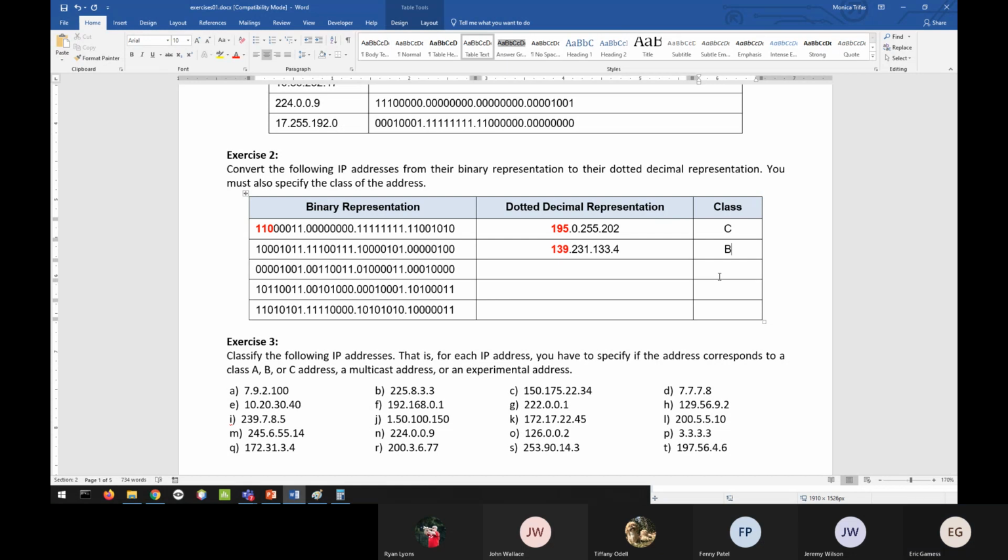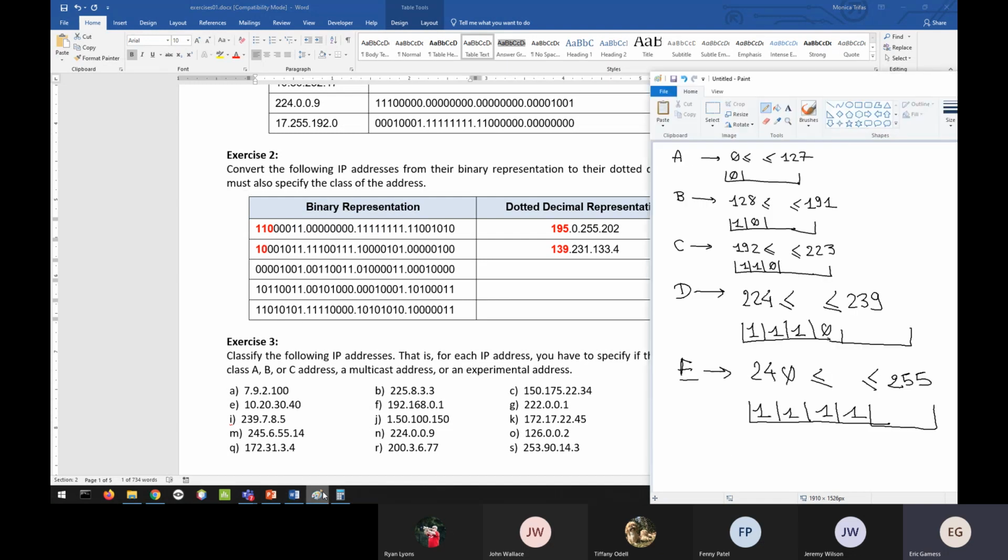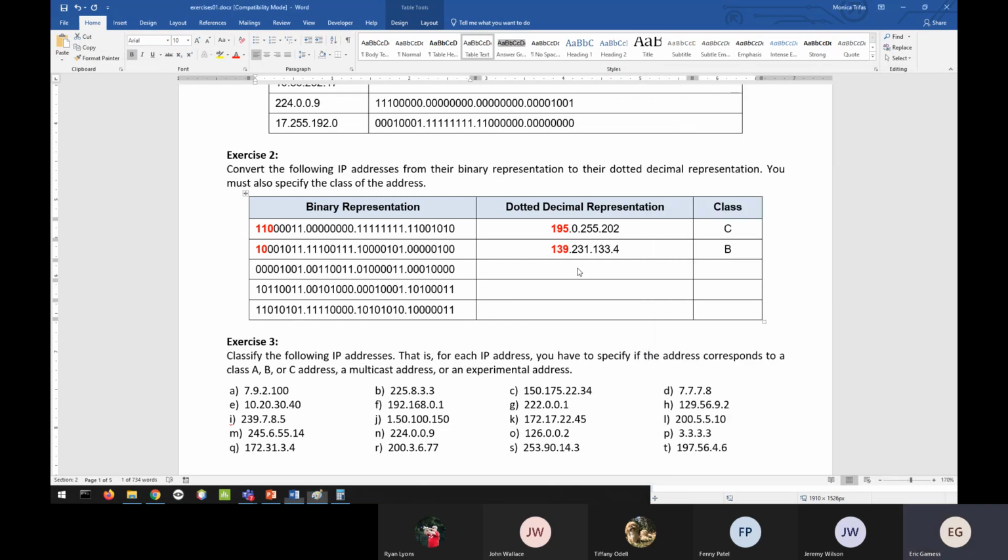It's B. Another way to see it, we take the very first 2 bits. When the very first 2 bits are 1, 0, it's a class B. Okay?